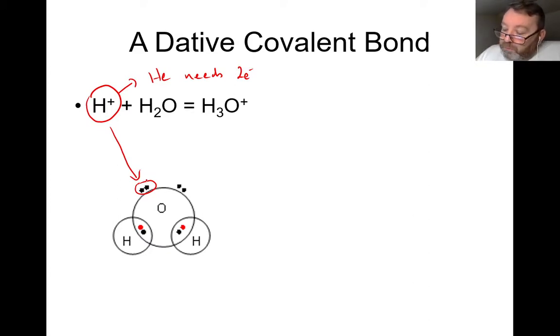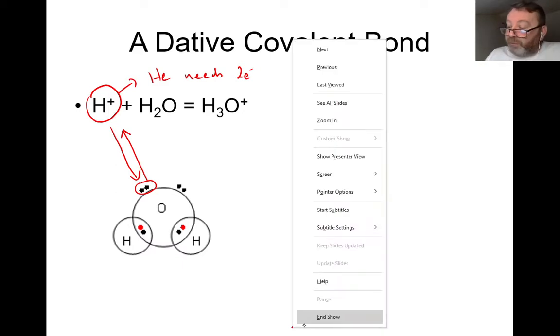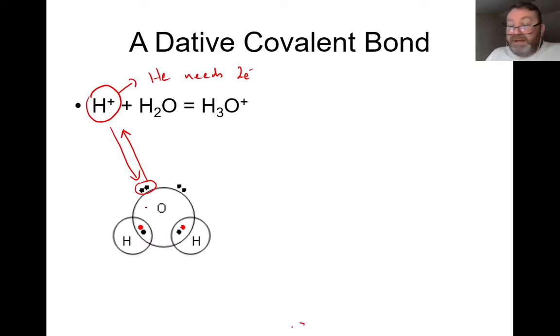It'll pull both of those electrons to itself, taking both electrons from the water molecule and giving nothing back to the water molecule in return. That's what a dative covalent bond is. It's a covalent bond that is formed when one atom donates both electrons into the covalent bond to hold it together, and the other atom that comes forward gives nothing into the bargain.